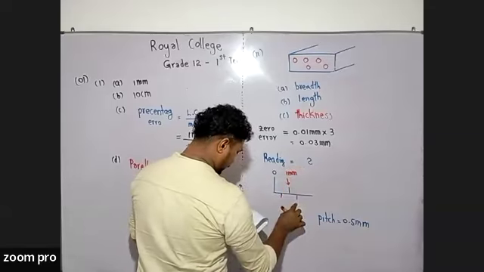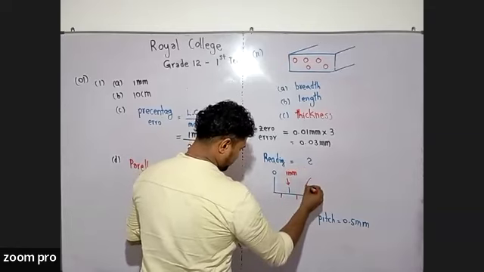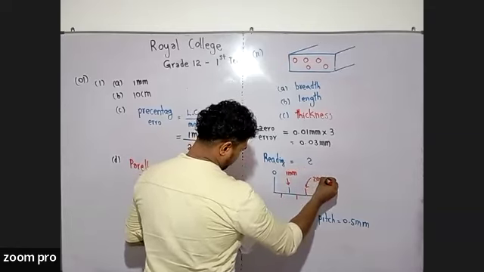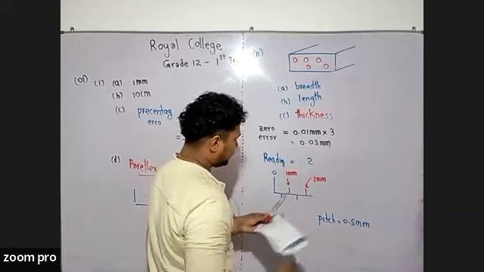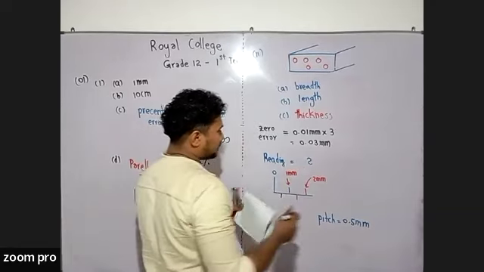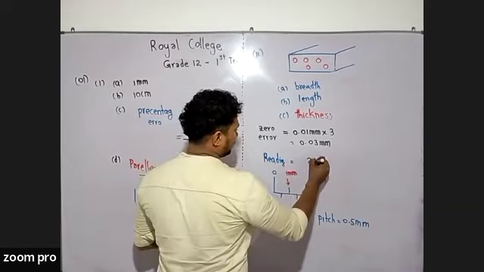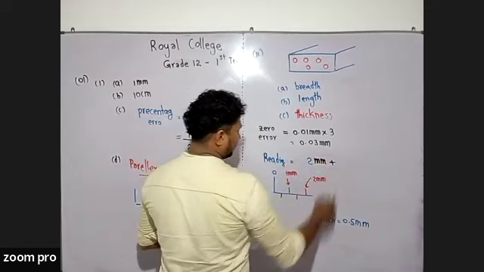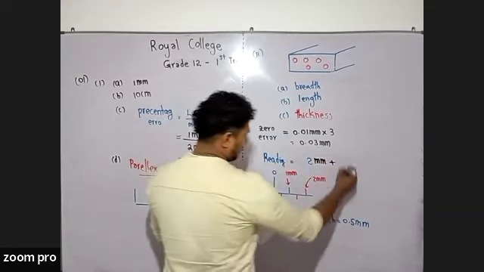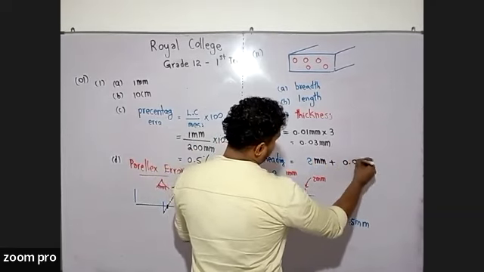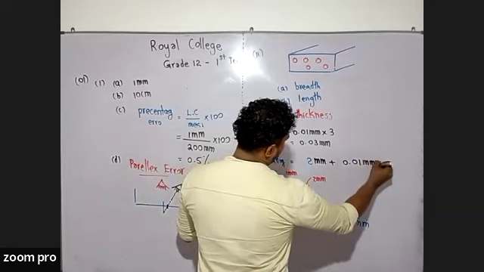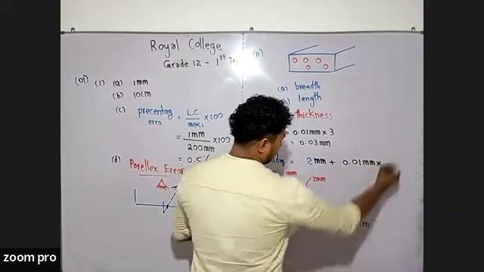This one is 1.5, and this one should be 2 millimeters. So in order to obtain the reading at this position, the 2 millimeters should be added to the coinciding value, that is 3.